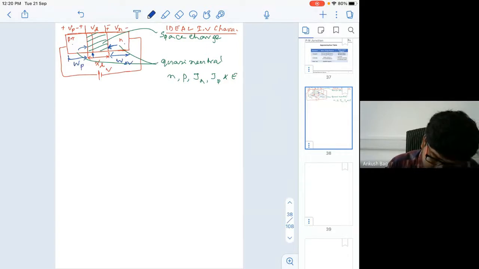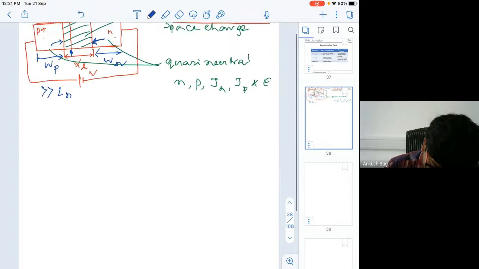So the width of these two regions is very high than your diffusion length. Because see, this WP is very greater than Ln. And look at this change.